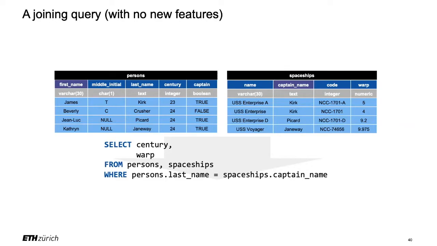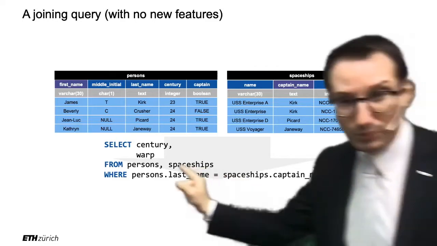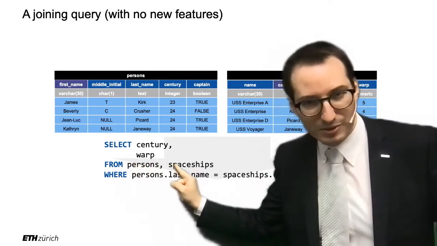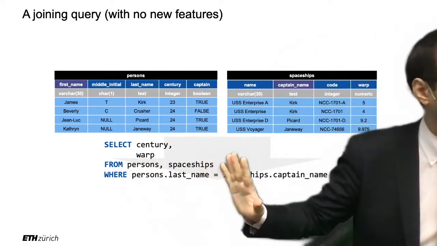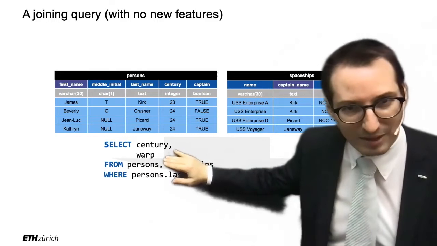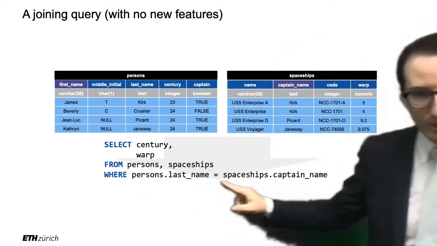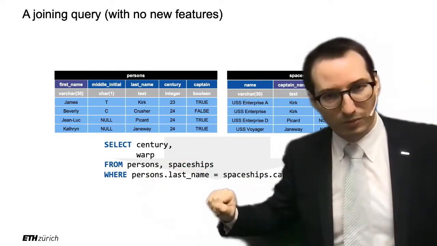but the new thing that we didn't see in there is in the from clause. You might notice that we have two tables in there. This is new. We have persons, comma, spaceships. This is something we hadn't seen before. In previous queries, we just had one table, and then it was a predicate on just one table.